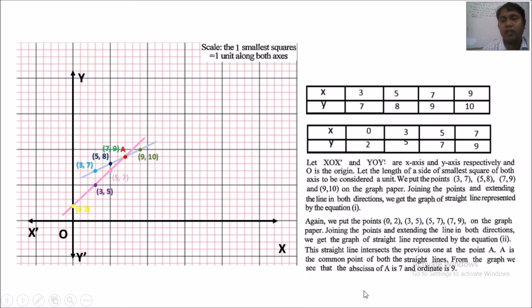From the graph, we see that the abscissa of A is 7 and the ordinate is 9. So the first one, 7, the x, is called abscissa, and 9 is the ordinate. As our question told us, by drawing the graph, we find the abscissa and ordinate of the intersecting point. So our abscissa is 7 and ordinate is 9.